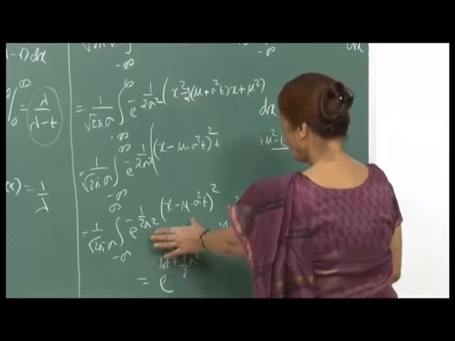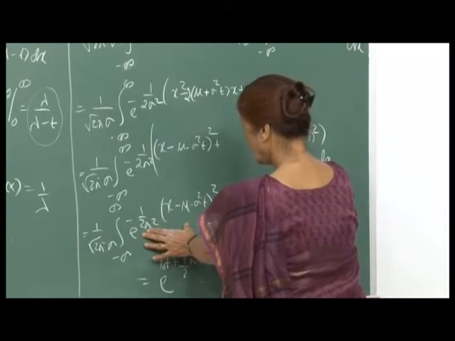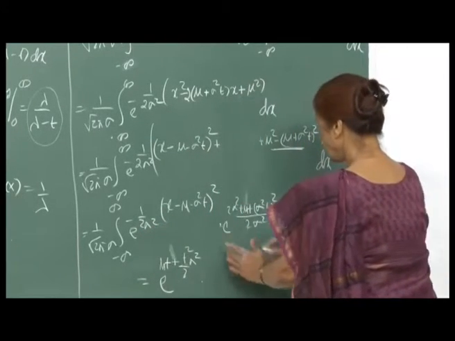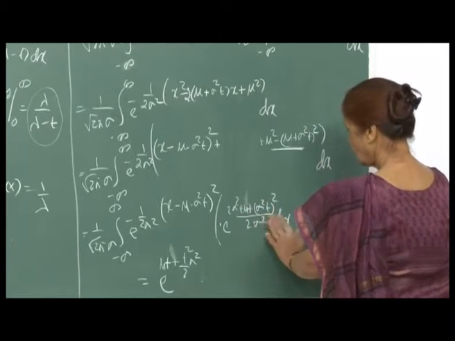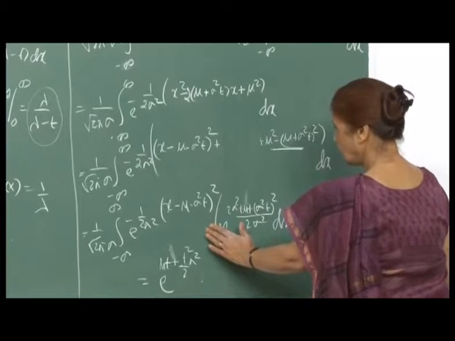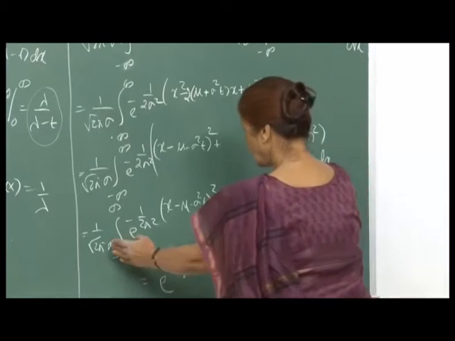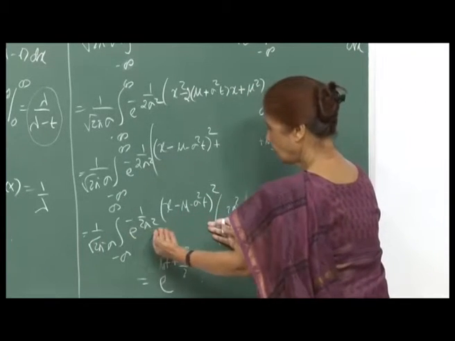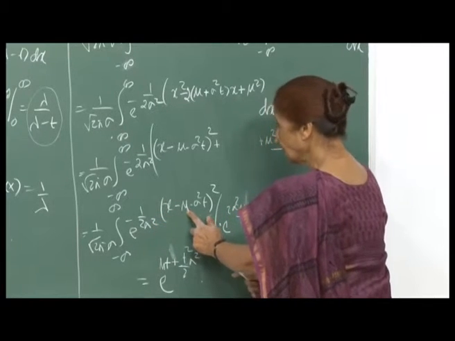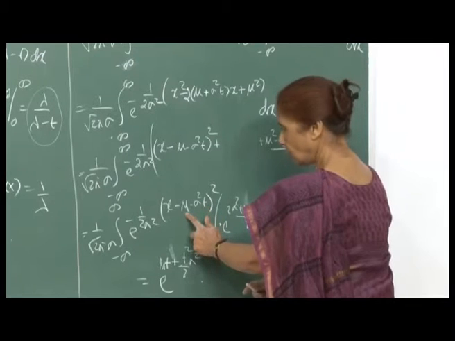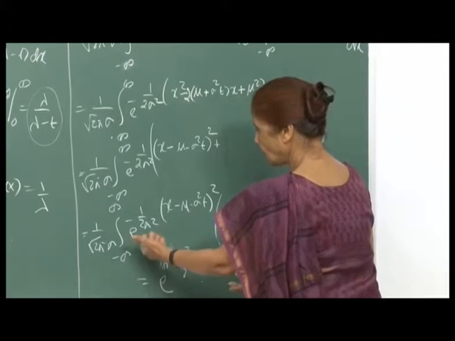This term I have written out here separately, and this is a constant, because there is no function of x here; dx goes here, and you see the integral. Now, this is a PDF of a normal random variable where the mean is mu plus sigma square t, not mu, but it does not matter, the other things remain the same.